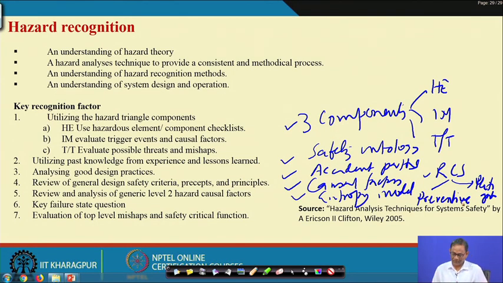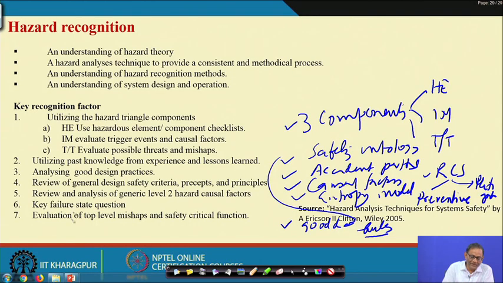Then one case with 90-odd data, how the safety ontology will give you different rules. Apart from last class, so many terminologies you have discussed. If you really do all those things, definitely safety engineering will be in place, and you will understand hazard, you will recognize hazard.